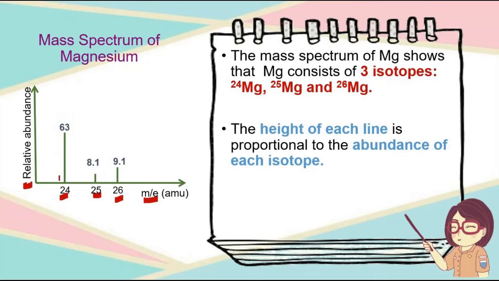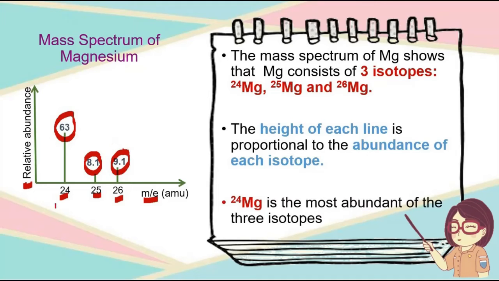So based on the mass spectrum, we can interpret that the relative abundance for Mg-24 is 63, for Mg-25 is 8.1 and for Mg-26 is 9.1. Since Mg-24 is the highest peak, it means Mg-24 is the most abundant of the three isotopes.